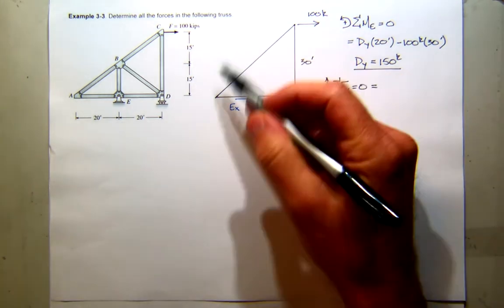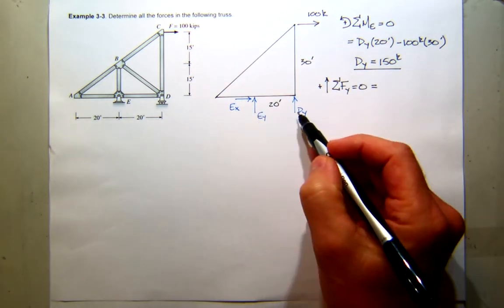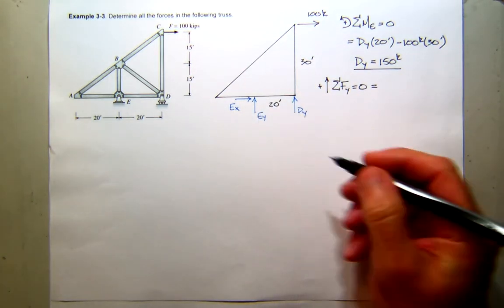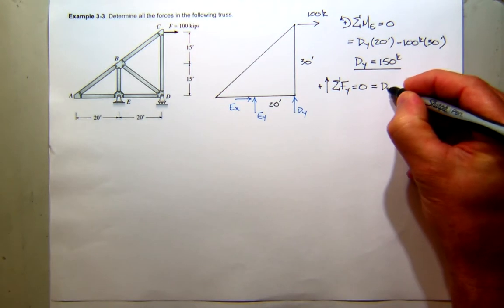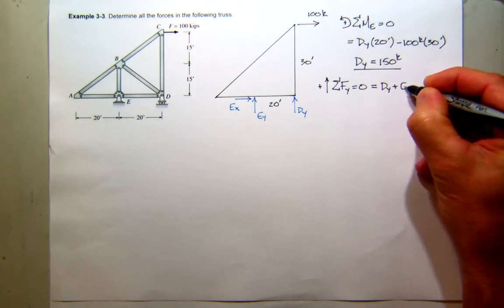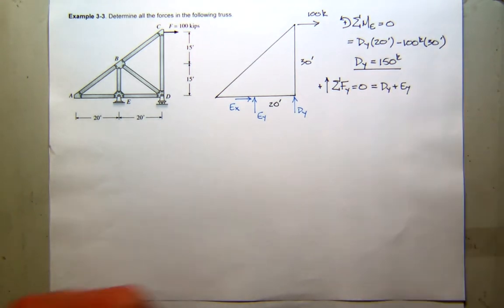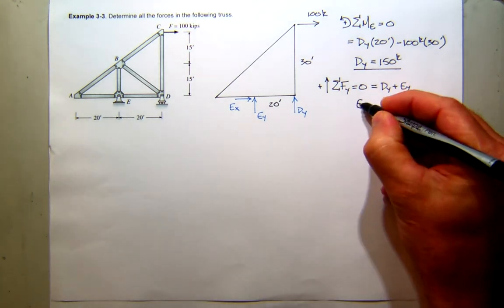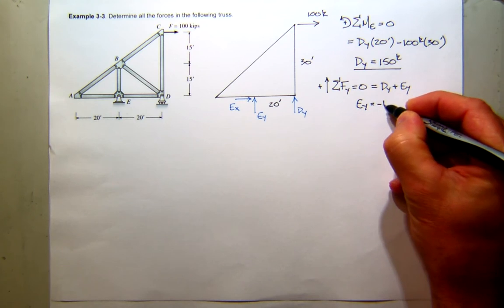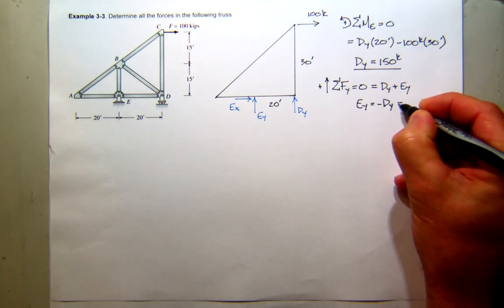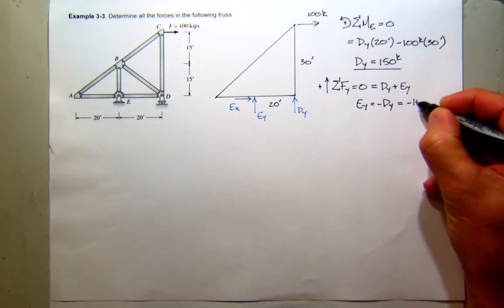When I look at my free body diagram, I've got EY and DY. They're both acting up. That's positive. So there's DY plus EY, and that's it. So EY is just going to be equal to minus DY, which is equal to minus 150.